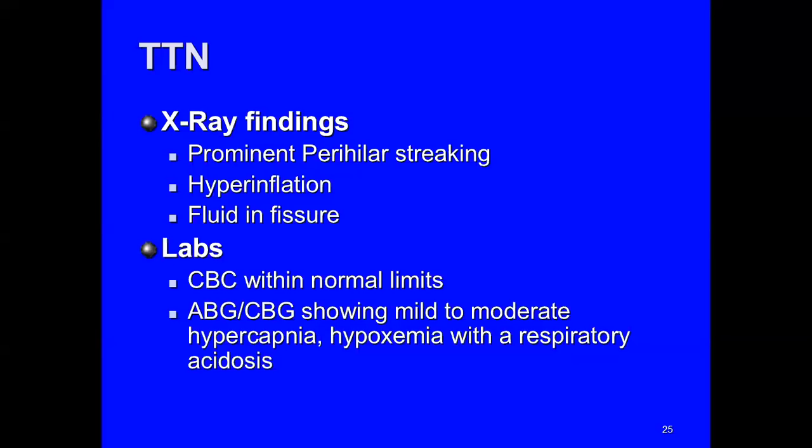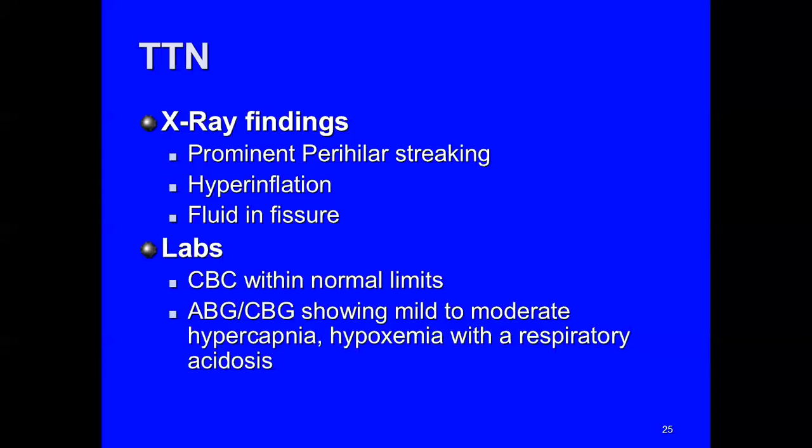There is also hyperinflation, meaning an increased amount of air in the lungs, on the chest X-ray. Fluid also accumulates within the fissures. So these are some parameters we can see in the chest X-ray findings.